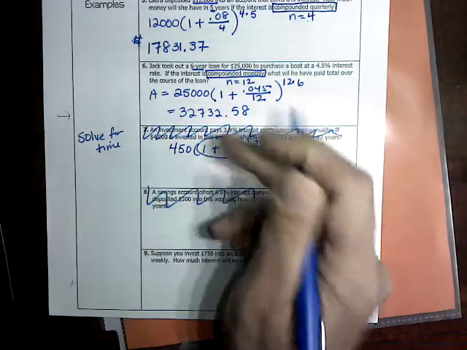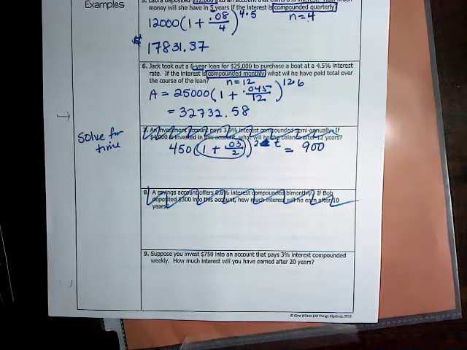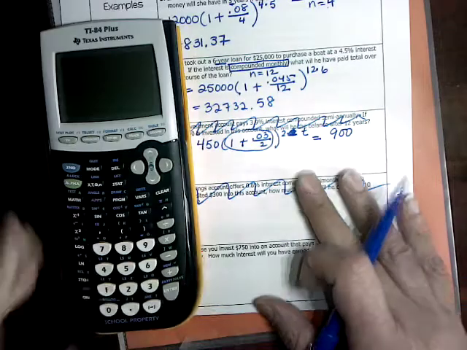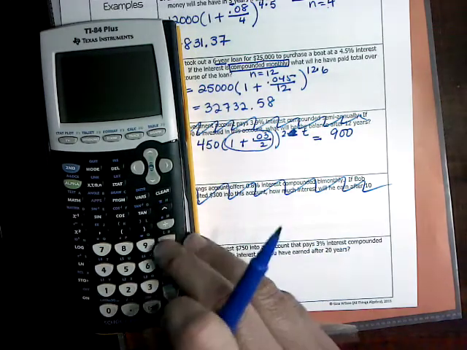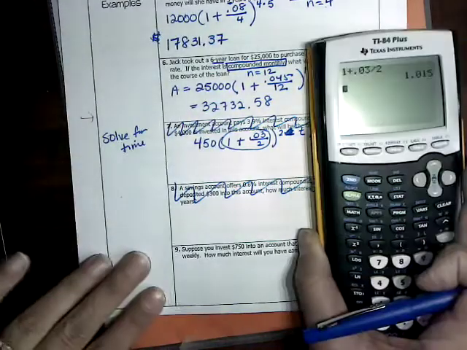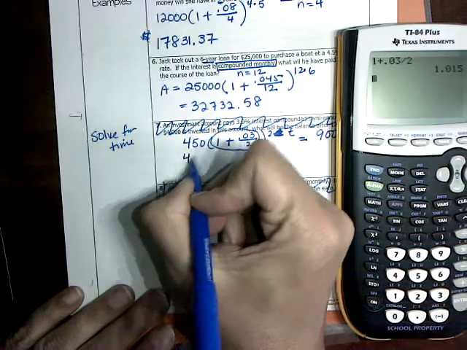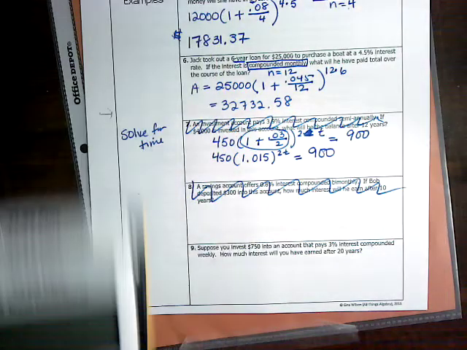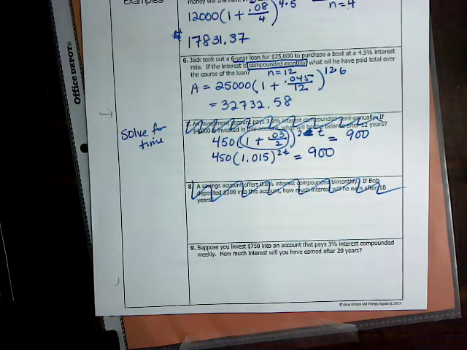So let's clean this up a bit. What's in parentheses, I can go ahead and evaluate, and that gives us 1.015 raised to the 2t equals 900. Now let's get that note card out we made.